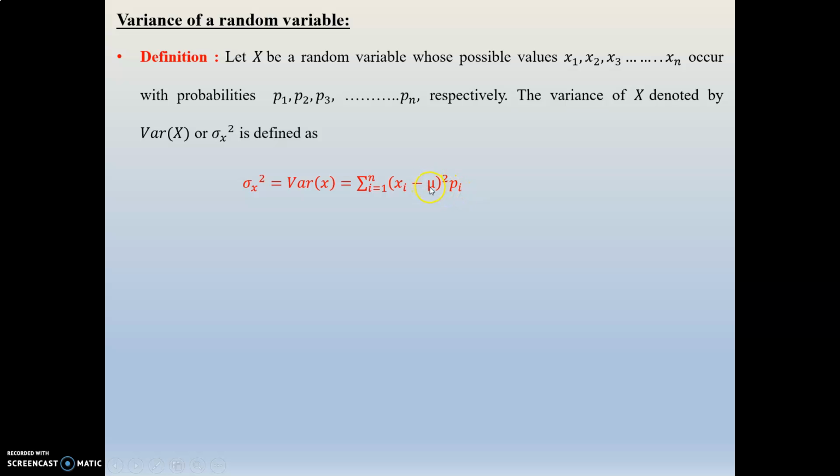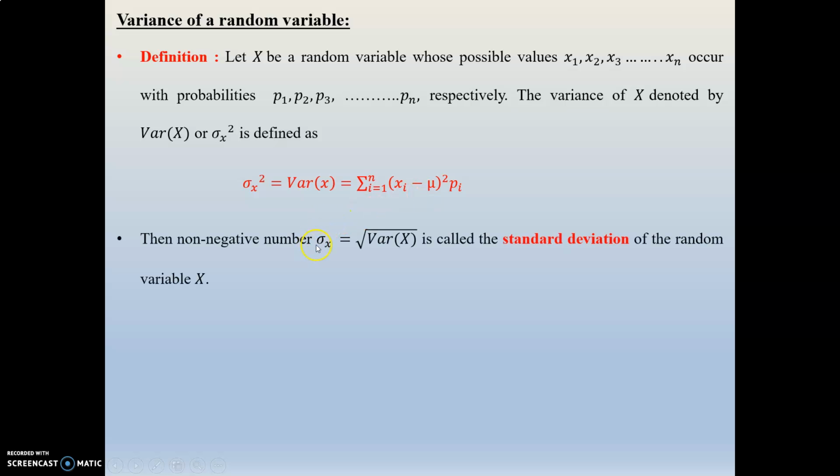In the place of mu, you can substitute the expectation of x also. The non-negative number sigma x, where variance means sigma x square: if you take the square root of variance of x, you will get the standard deviation of the random variable x. Standard deviation, SD, is the short form abbreviation for that.